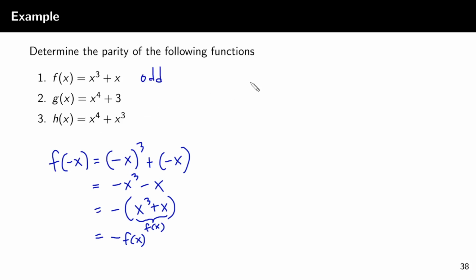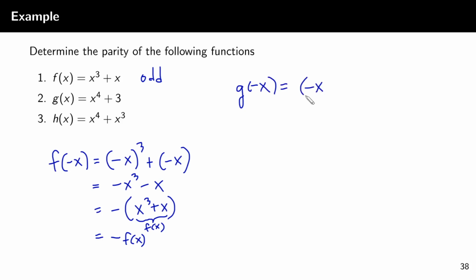Ito namang g of x. Sorry. Dapat evaluate natin ang g at negative x. Ayan.